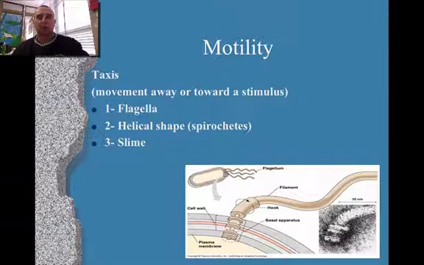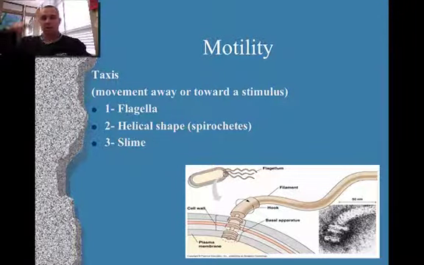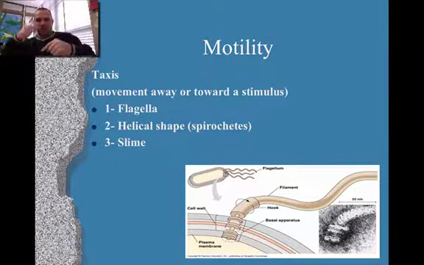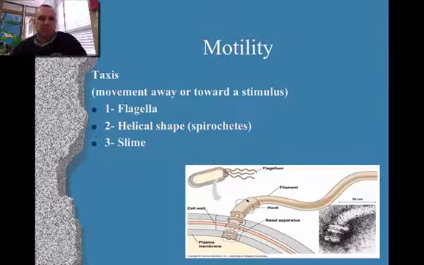Helical-shaped prokaryotes are spiral, and they move with an undulating movement. Spirochetes are an example. And slime. Slime are gliding bacteria in which they put down a slime patch and move across that slime patch.